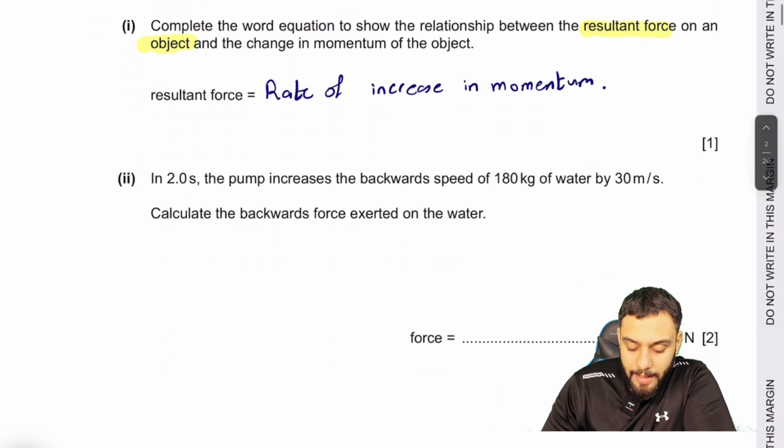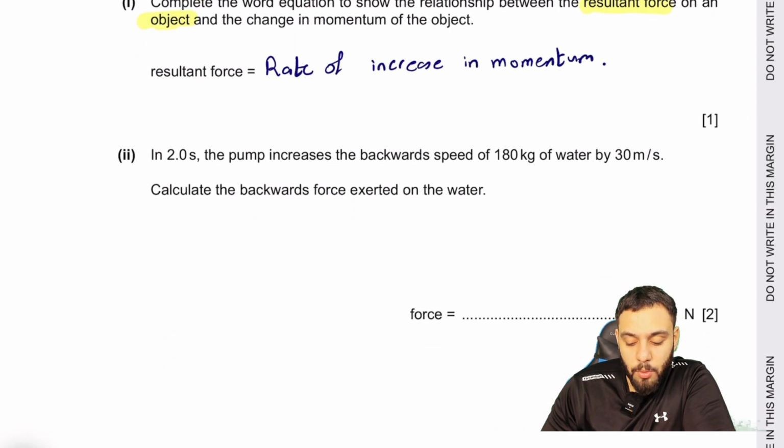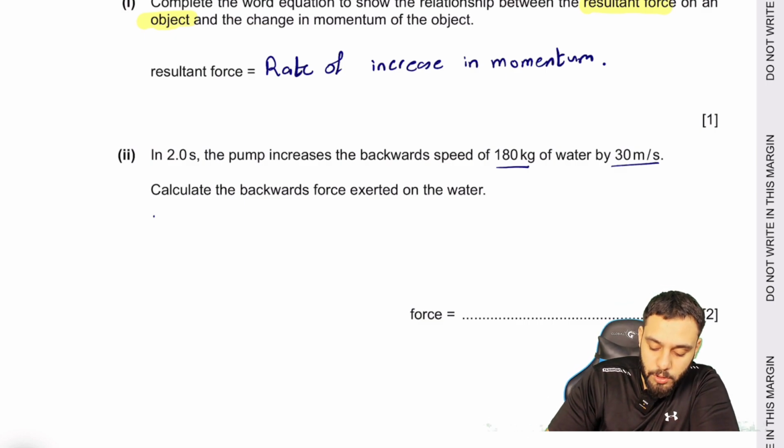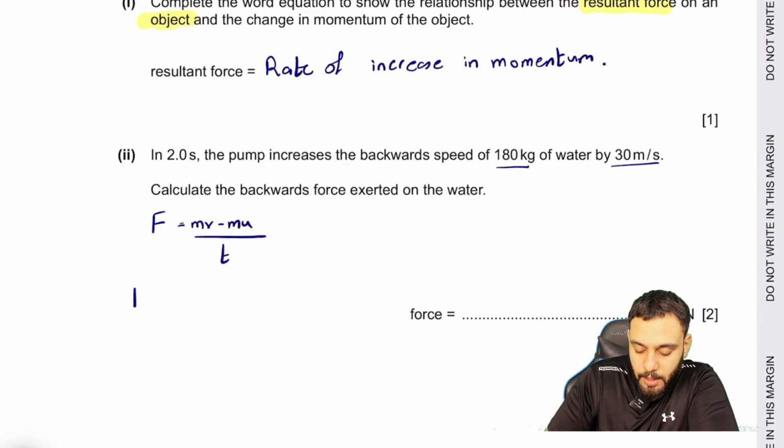Moving on. In 2 seconds, the pump increases the backward speed of 180 kgs of water by 30 meters per second. Calculate the backward force. According to my equation, force is going to be equal to rate of change of momentum. Since I need the force, the mass is 180. The final speed of the water was 30.